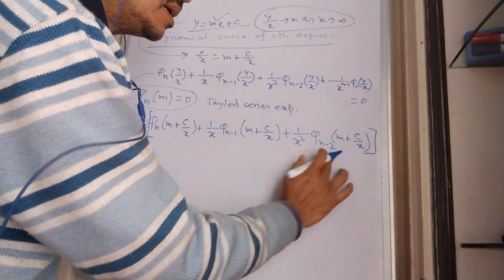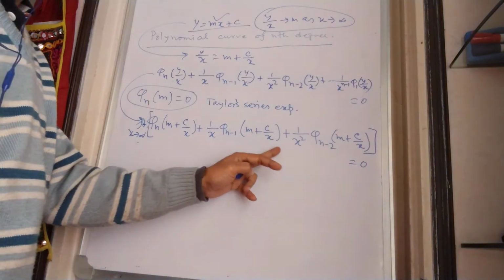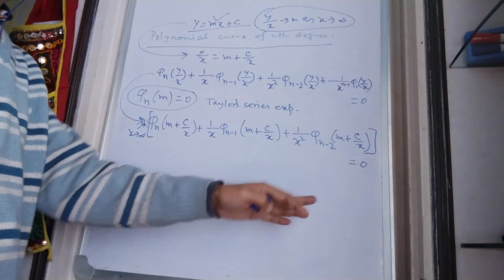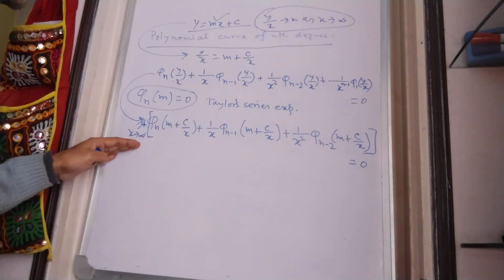I am not writing the other terms, because in all the other terms 1 by x cube, 1 by x to the power 4 and so on, they can easily be avoided as x is very large.